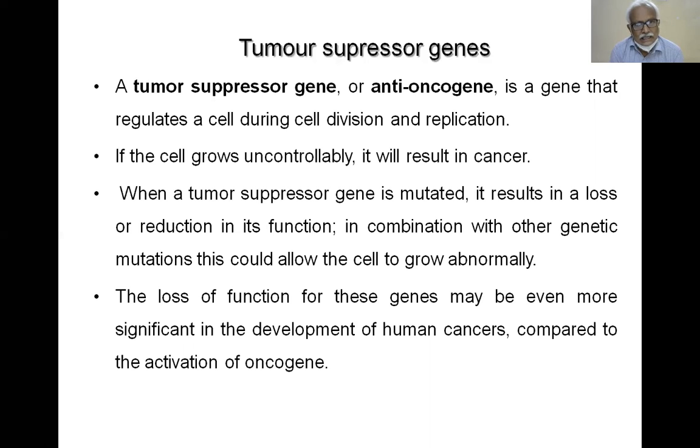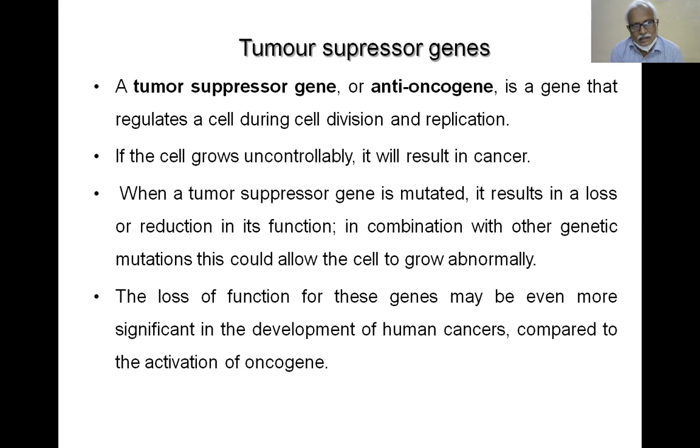Tumor suppressor gene or anti-oncogene is a gene that regulates a cell during cell division and replication. So if the cell grows uncontrollably, it will result in cancer. So when a tumor suppressor gene is mutated, it results in a loss or reduction in its function.